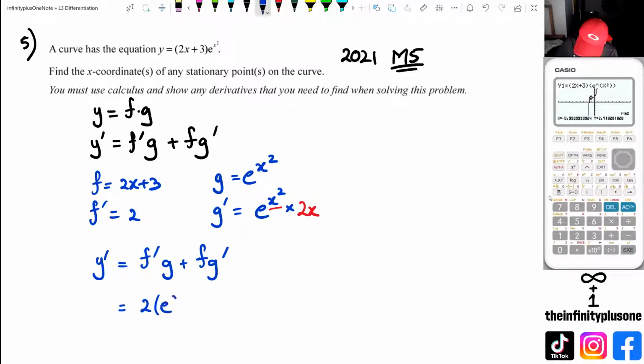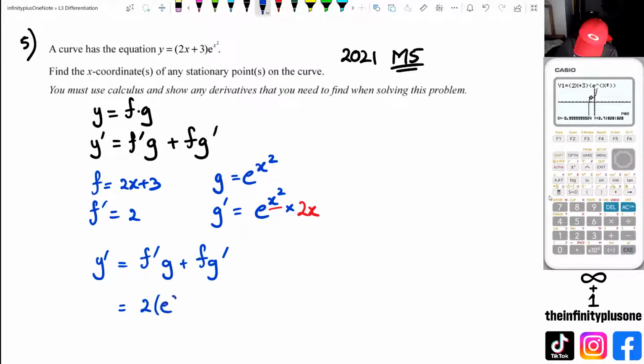So what I'm going to do at this point is, of course, put this all equal to 0, because for stationary points the gradient is equal to 0. So I'm going to put down 0 is equal to 2 e of x squared plus 2x plus 3 multiplied by 2x multiplied by e of x squared.